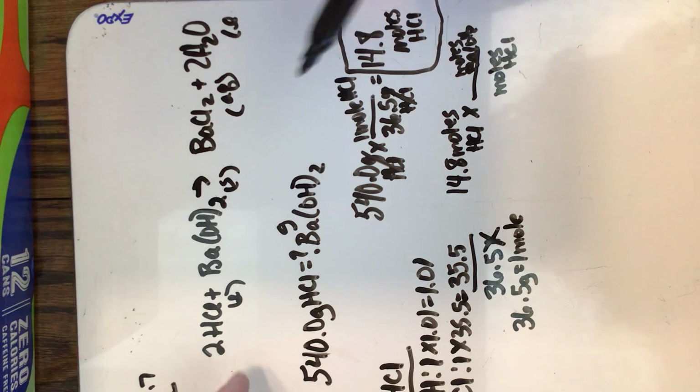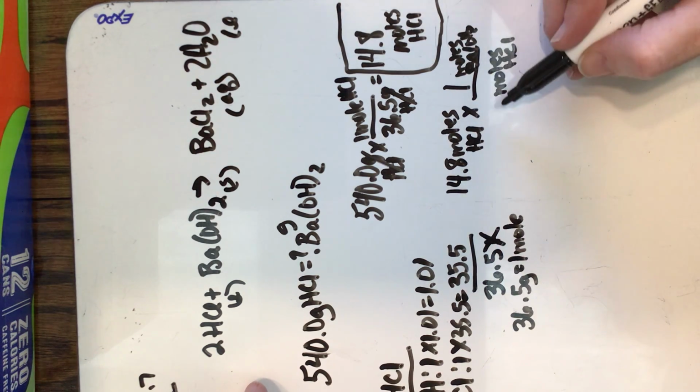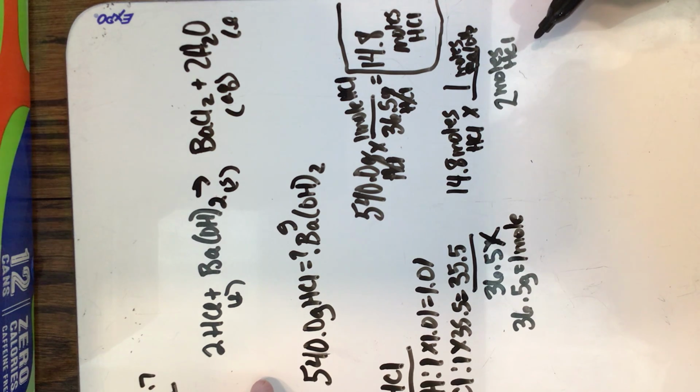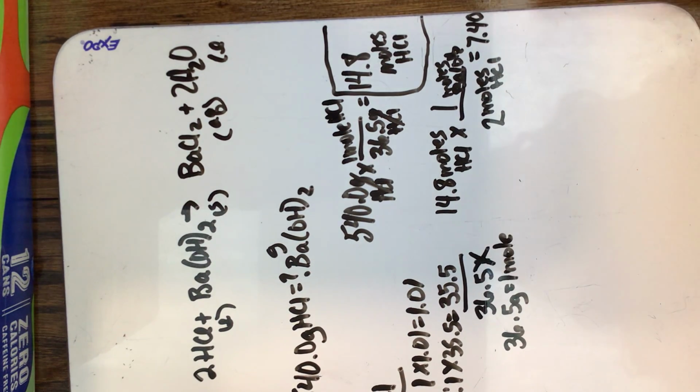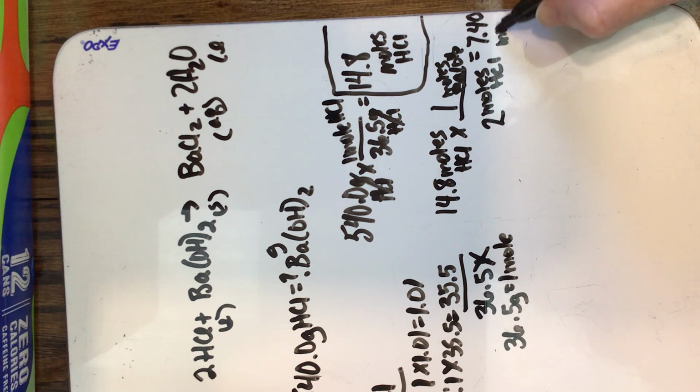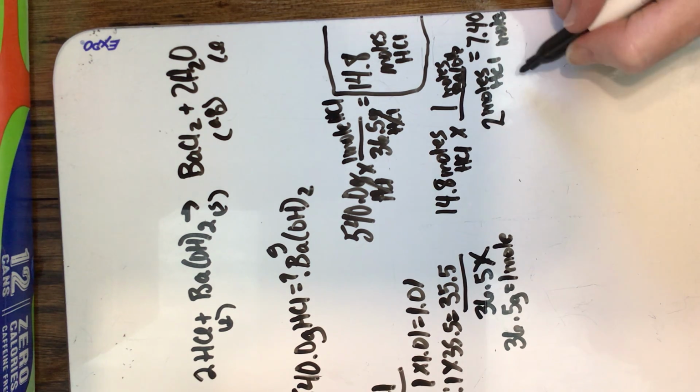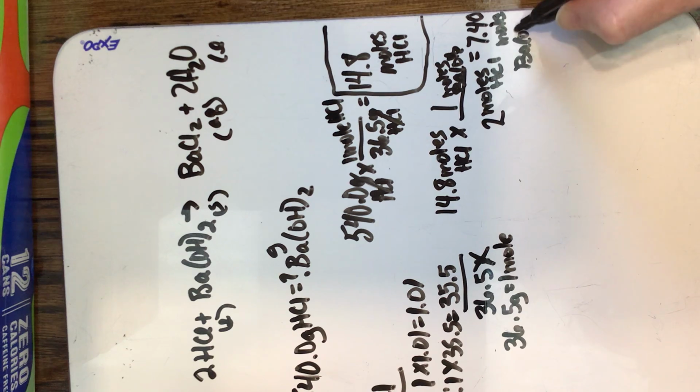There's 1 mole of the Ba(OH)2 for every 2 moles of the HCl. So we multiply that through, and we would get 7.4 on the calculator, but we need 3 sig figs, so we're going to say 7.40 moles of Ba(OH)2.